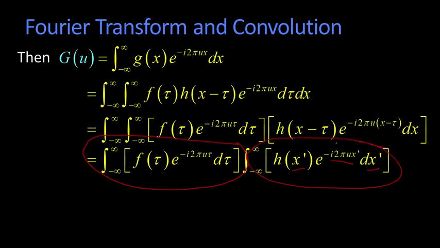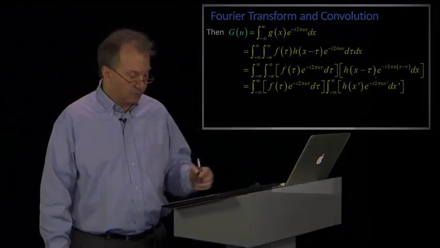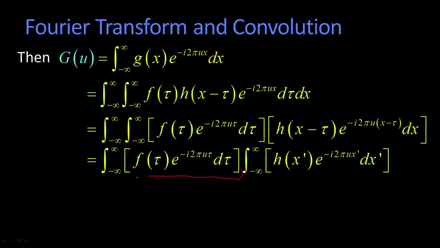If you stare at those and ask yourself, what are those integrals? Well, let's take a look at just this integral. That's the Fourier transform of f. I happen to use tau instead of x, but it's the same thing. This is the Fourier transform of h. So that can be written as just F of u times H of u.